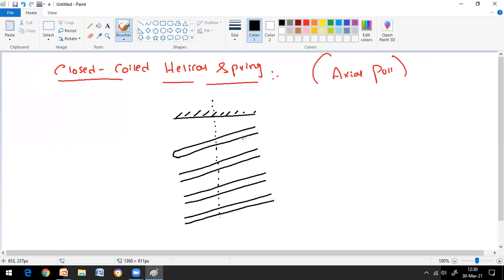Let me take a spring. This is the best way of drawing a spring in a 3D diagram. In 3D, that's why I'm drawing in this way.